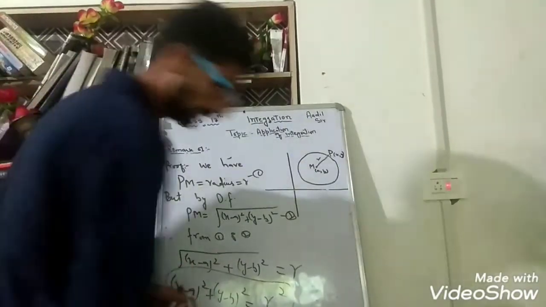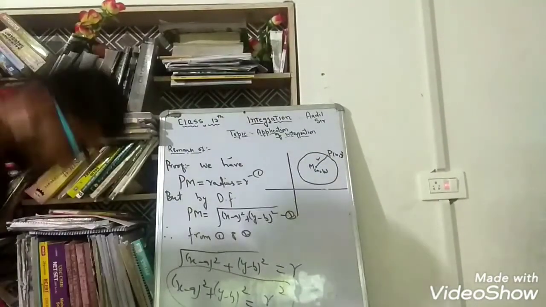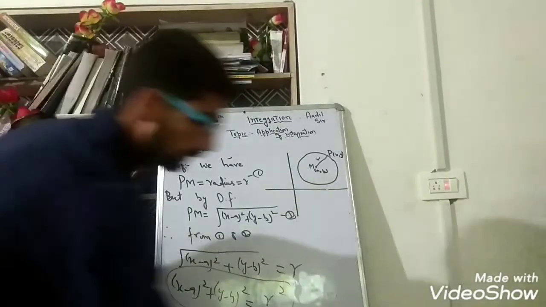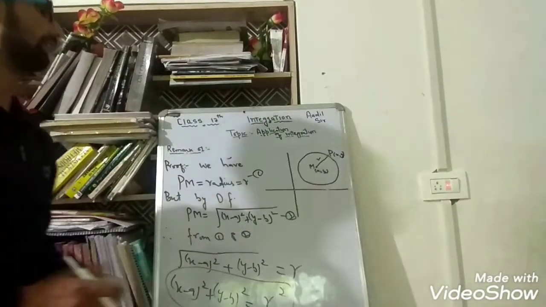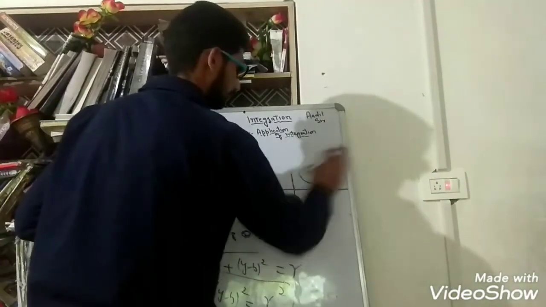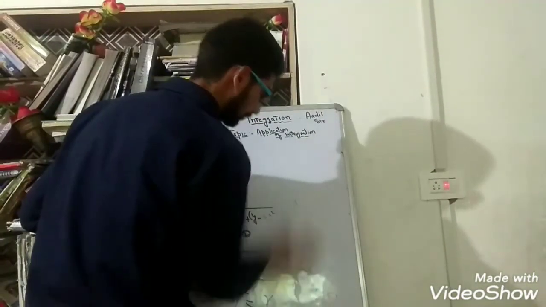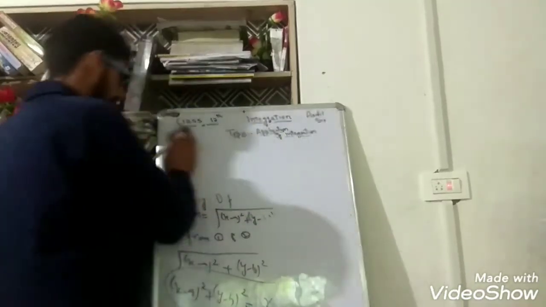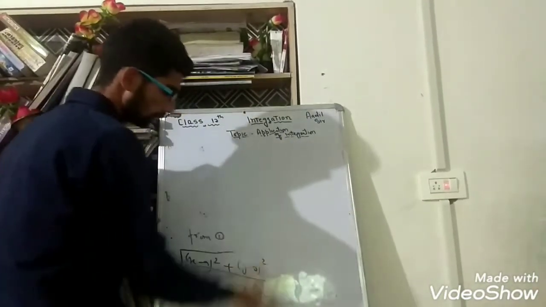And now we have the first result here, that is based on the application of integration, and we will solve that. You write it as result first, or you will write it as lemma, or you can write it as theorem also.